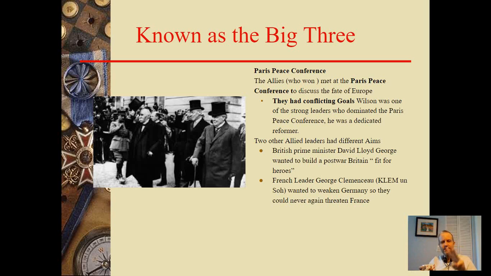So the three winners, the Big Three, have conflicting ideas of what to do after World War One, because they realized they won. Woodrow Wilson was dominating the peace conference, along with two other Allied leaders. British Prime Minister David Lloyd George wanted to rebuild Britain because it had been decimated through World War One, with bombings by Zeppelins and the stranglehold by the Germans.